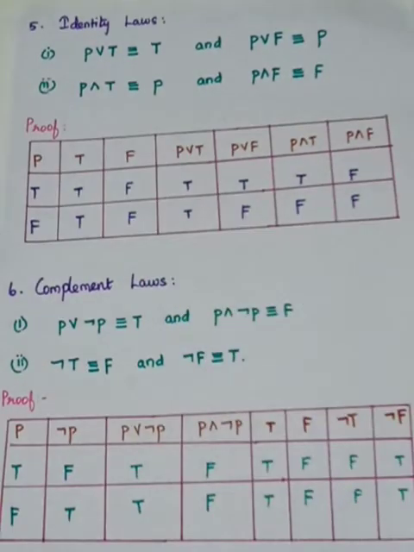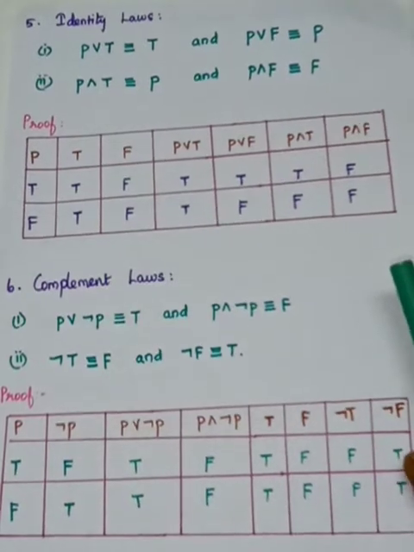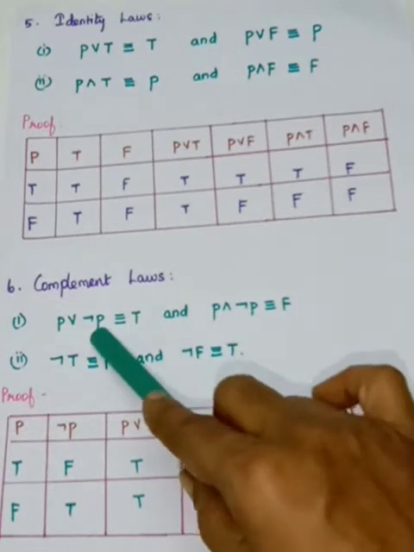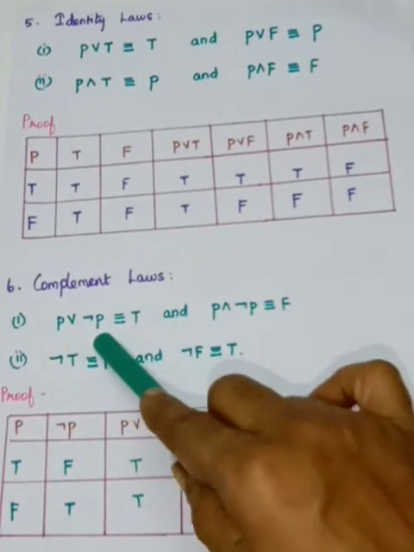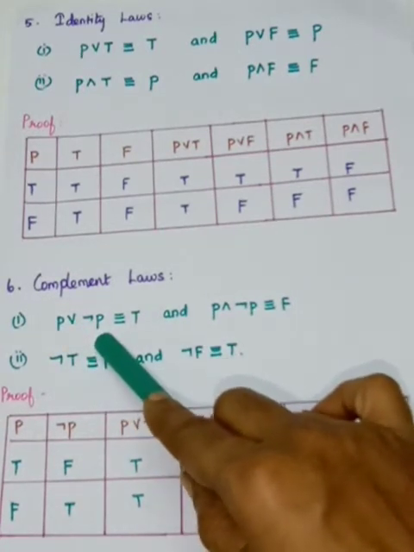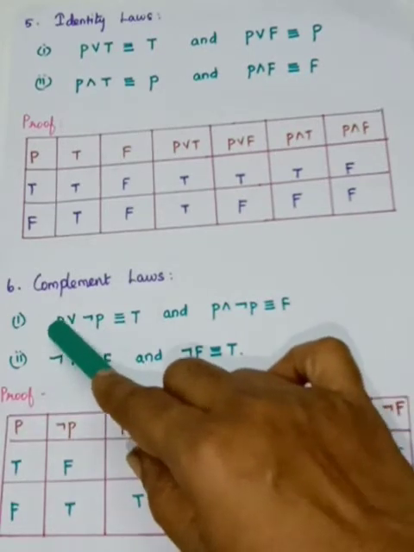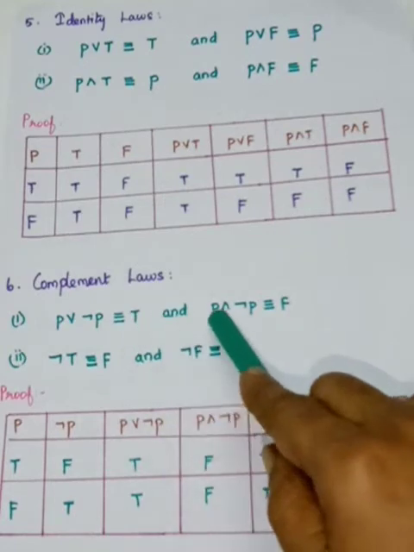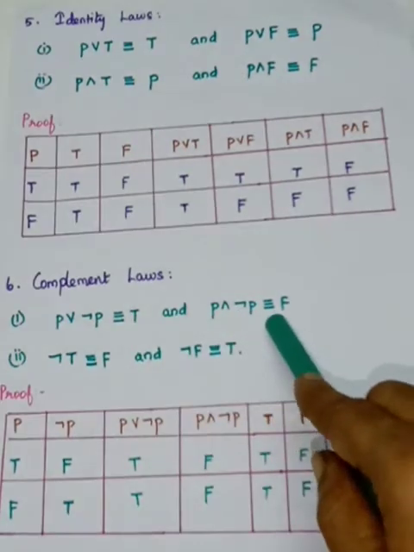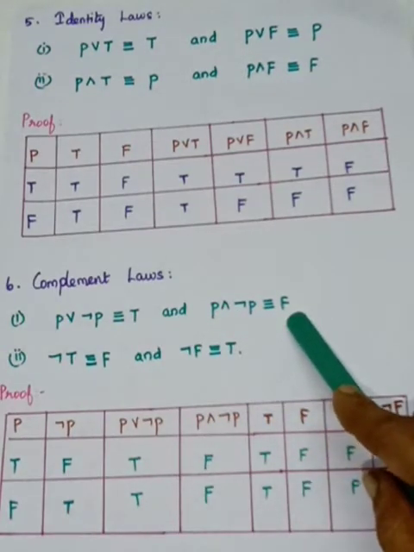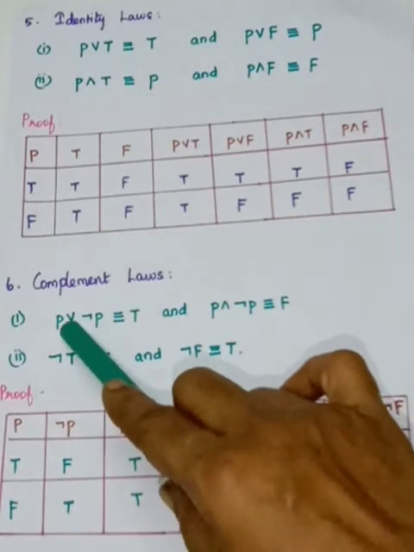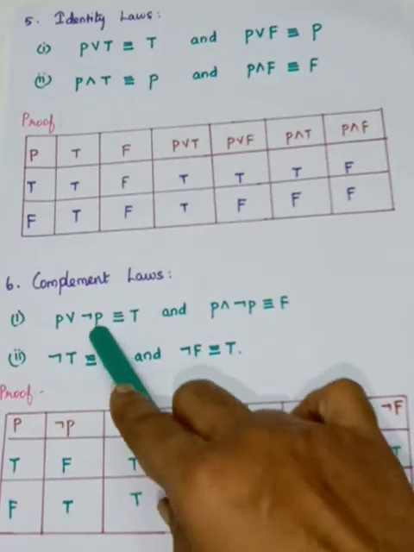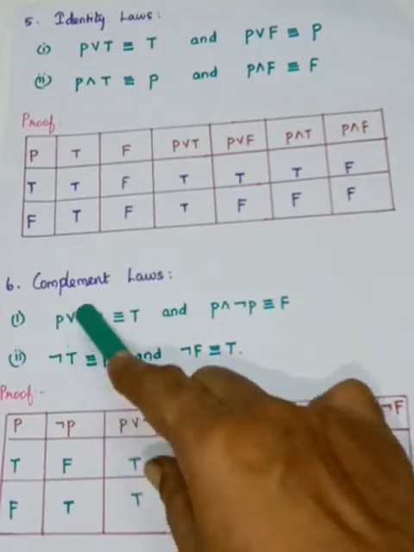Okay, and the complement laws. See the complement: P or negation P. Any one true makes it true, so P or negation P is true. P and negation P is equivalent to false. When the statement comes with its negation and you have the OR connective, it is true.